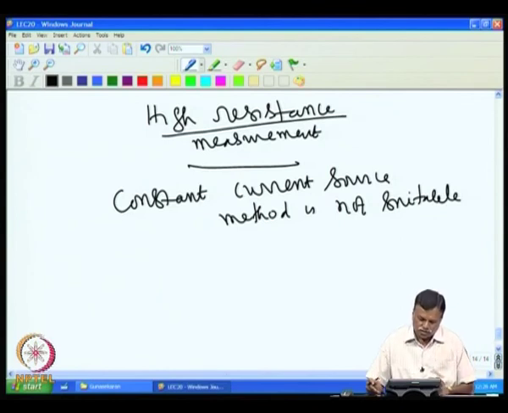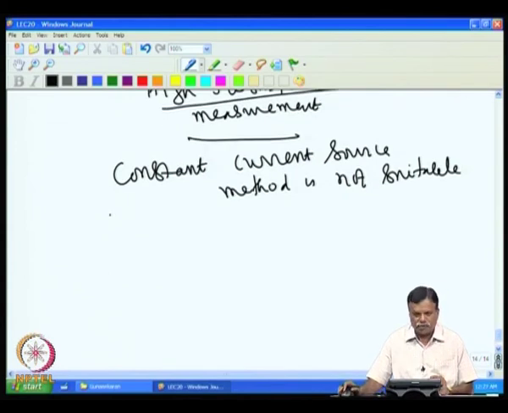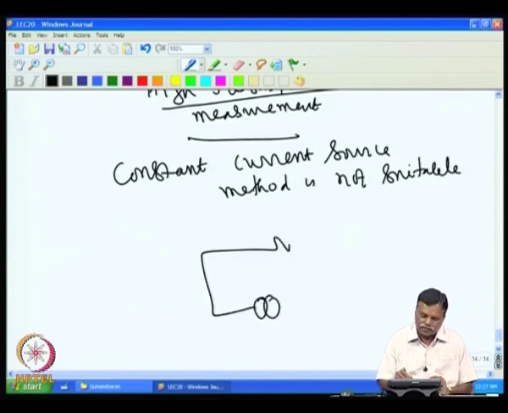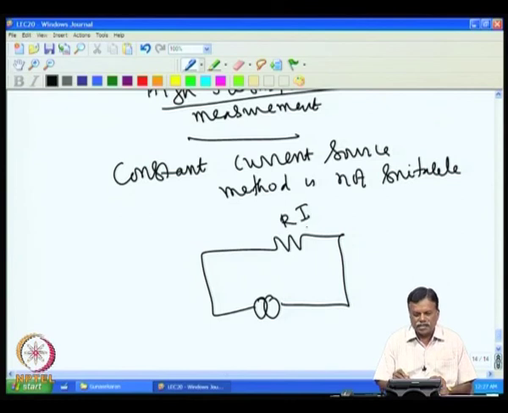That is one issue. Then if I use a constant current source, what is the problem that we will face? For example, if I use a constant current source for very high resistance measurement, the voltage that is developed here is R into I. If the resistance is very high, then I have to set only a very small current of microampere.